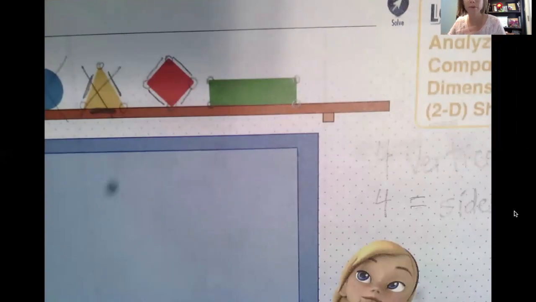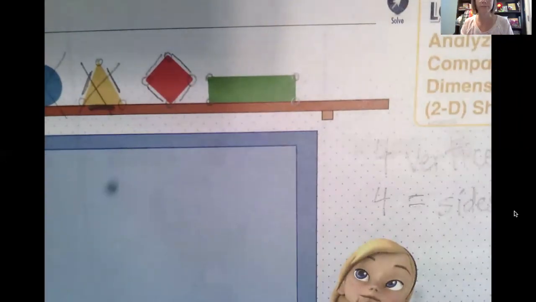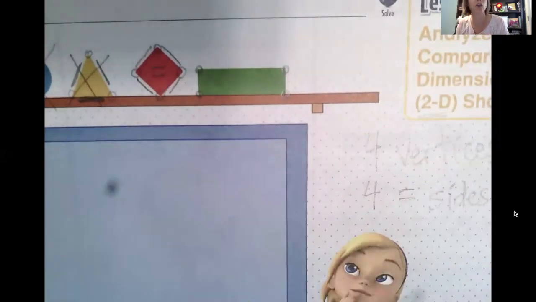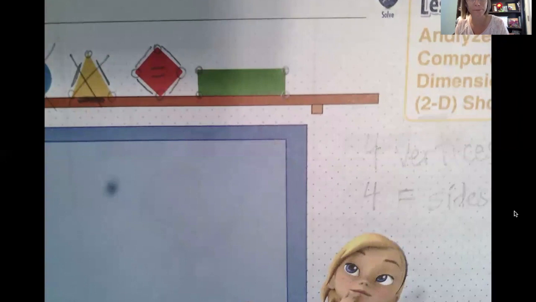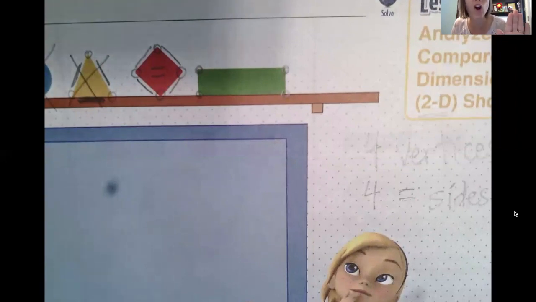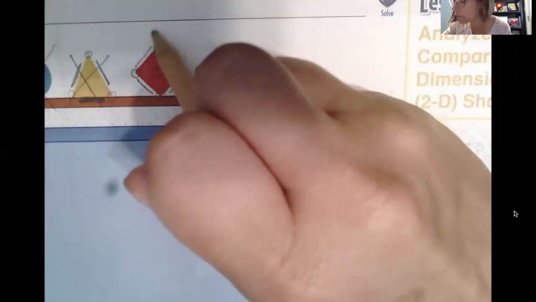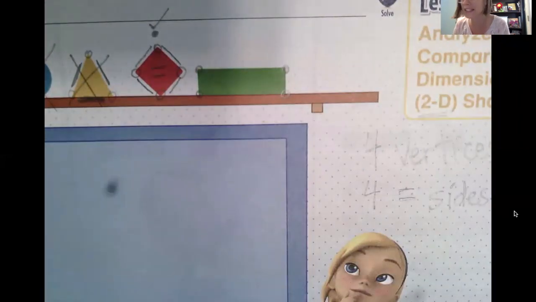Are they the same, or are some of them longer or shorter? They look like they're all the same size. They look like they're all equal. Should we circle the square? No. We should check all of the answers before we make our decision. But I am going to put a little dot and a check mark that helps me remember, I think it's this one.